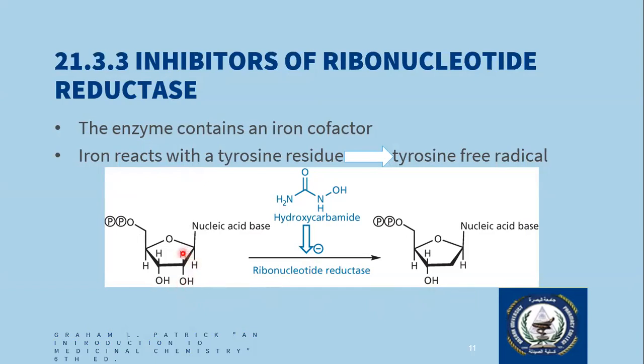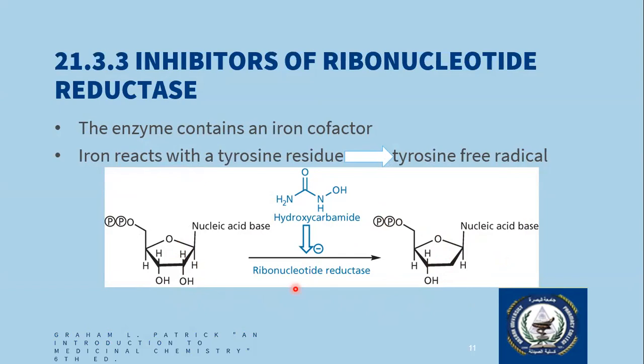Basically, the nucleoside, or the dinucleotide in this example, will lose this hydroxyl group to form the deoxy. Why dinucleotide? Because it has two phosphate groups here. This enzyme has an iron cofactor.